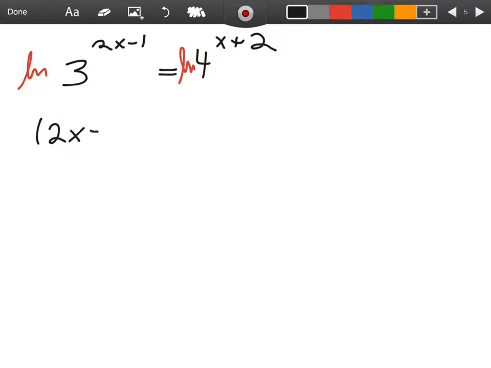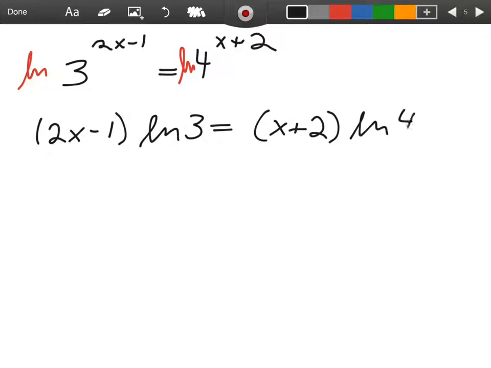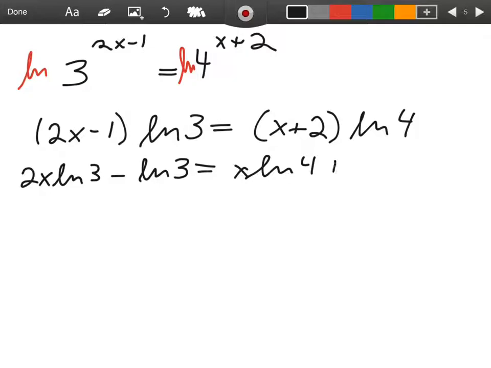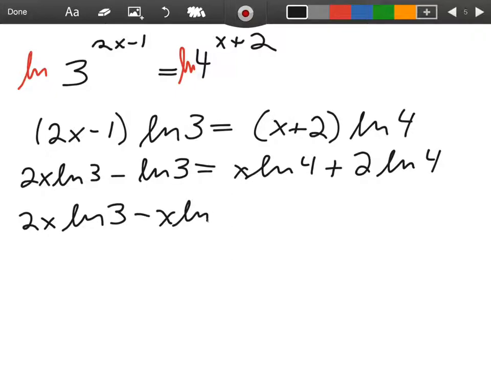So here, I can move the exponents out as lead coefficients using the log property. Distribute: 2x natural log of 3 minus natural log of 3 equals x natural log of 4 plus 2 natural log of 4. I'm going to put everything with an x on the left-hand side, and anything without an x on the right-hand side.